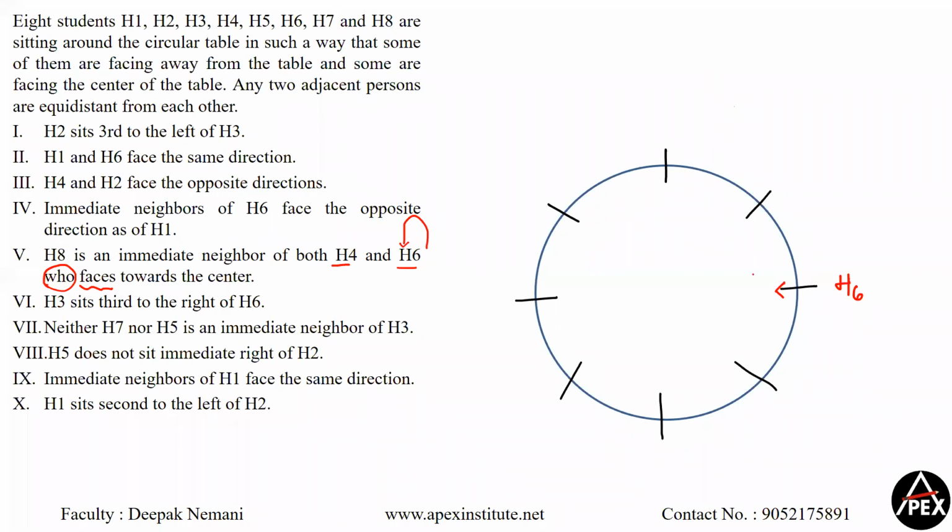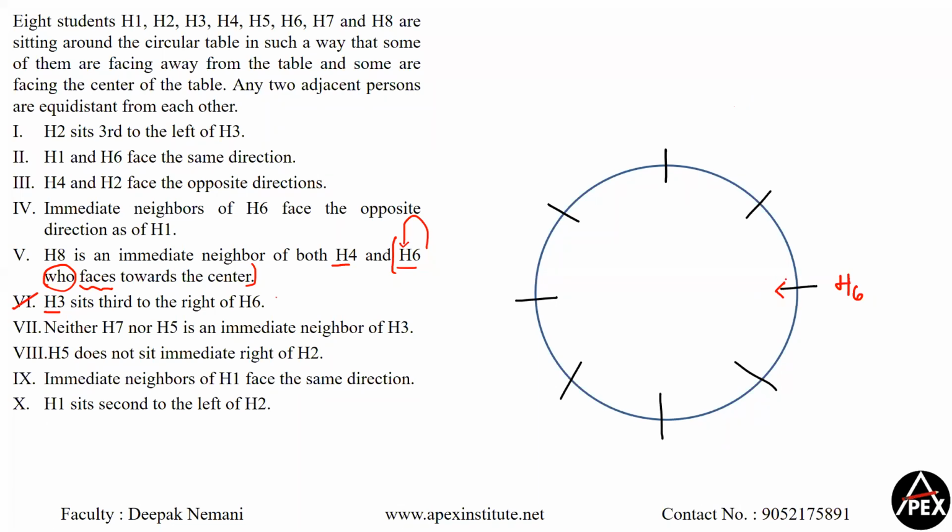So we have H6 facing towards the center. So we have considered this. Now check for the statement where there is a mention of H6. So consider the sixth statement. H3 sits third to the right of H6, isn't it?